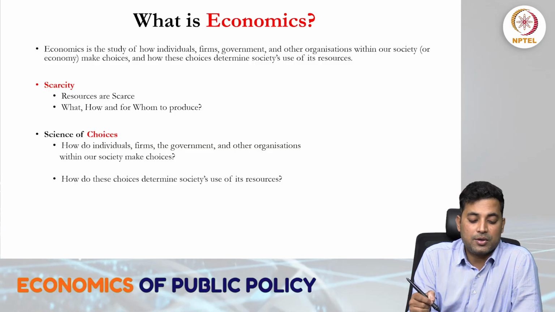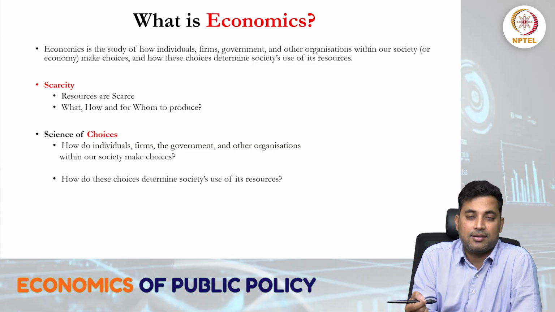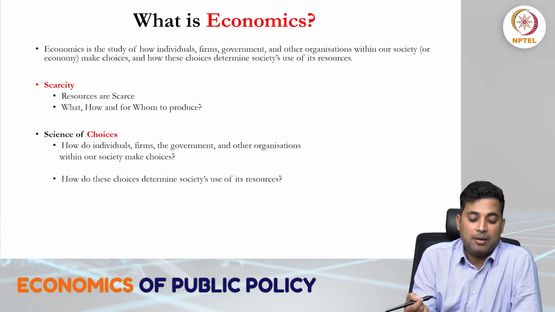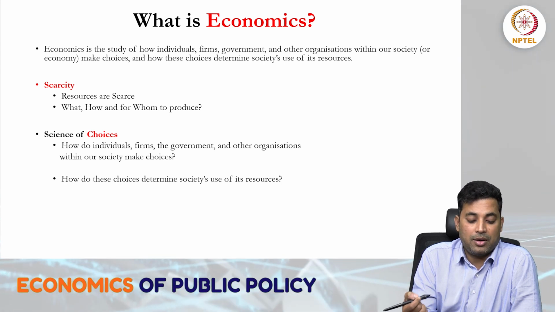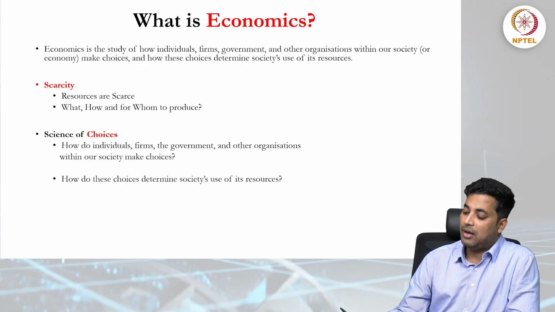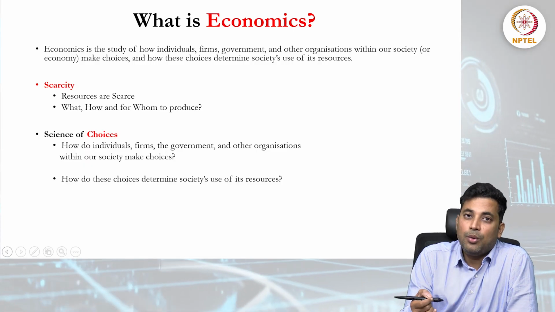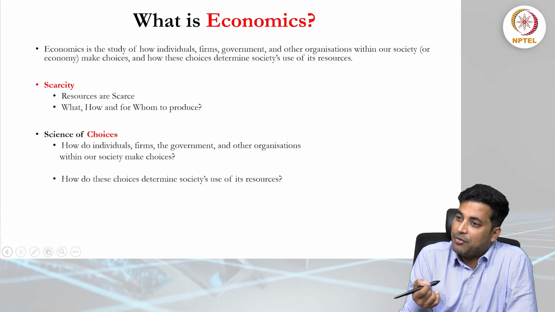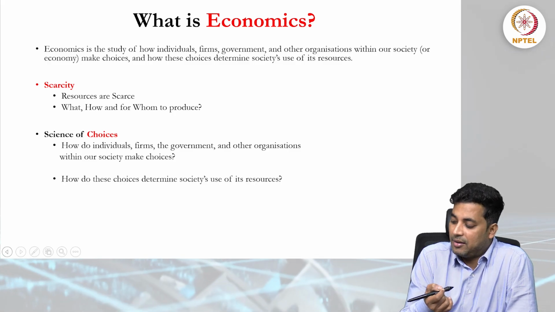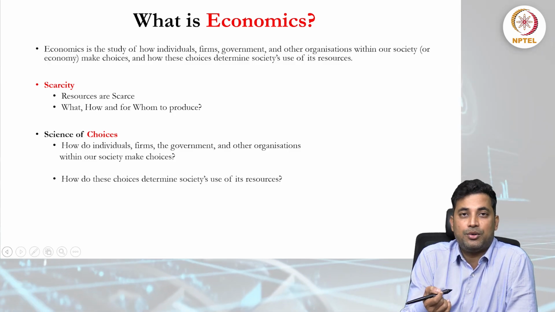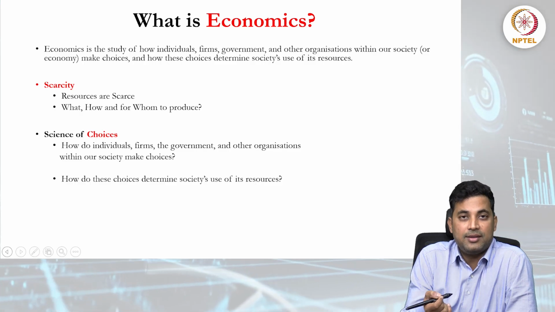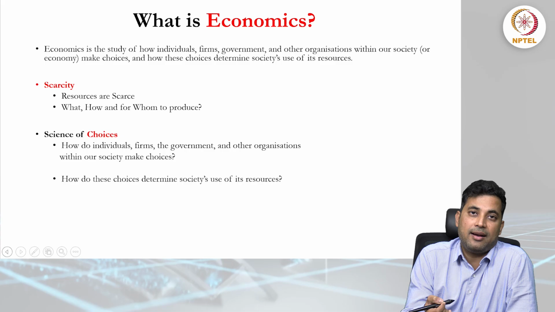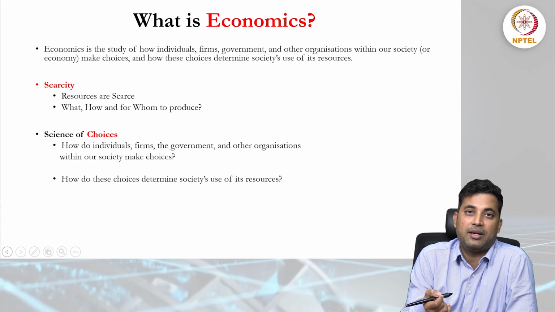When we talk about scarcity, resources are scarce because we have unlimited wants, but our resources are limited. One can give an example: a farmer has 5 acres of land, and the choice is whether to grow rice or wheat or a combination of rice and wheat, but the land size for that particular farmer is limited.